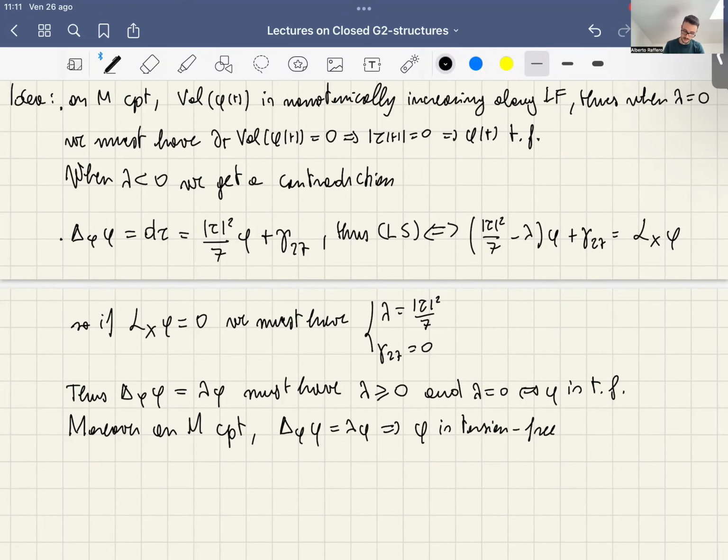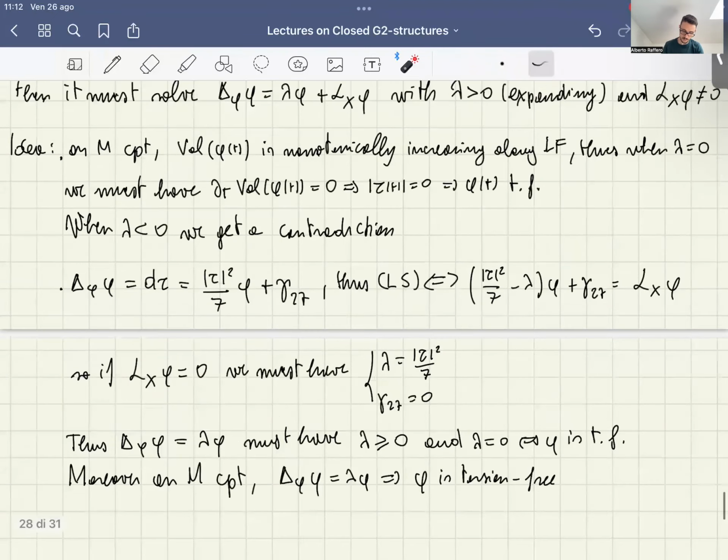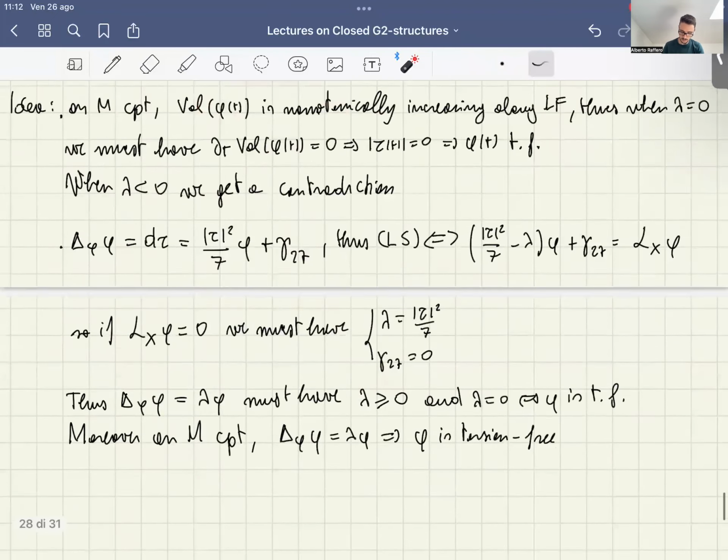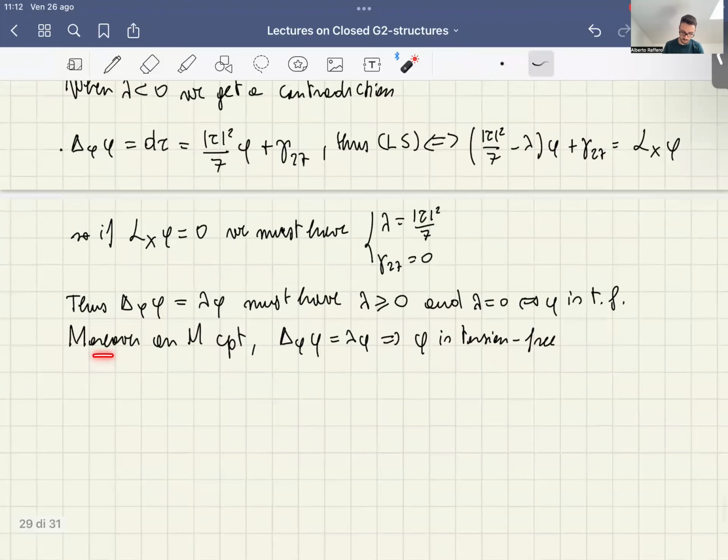So in any case, if the Lie derivative of phi is 0 in the expression of the Laplacian soliton, then on a compact manifold, you will obtain that actually the three form is torsion-free. And in fact, the idea here is that in such a case, this is just the tau, and this is lambda phi, where lambda is this expression here.